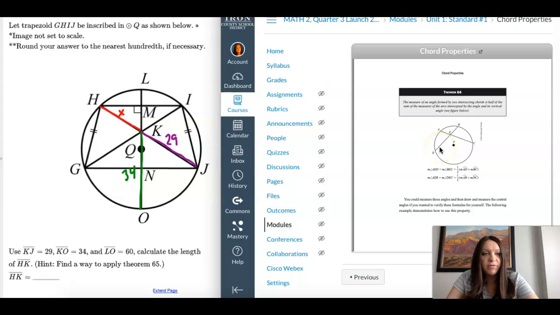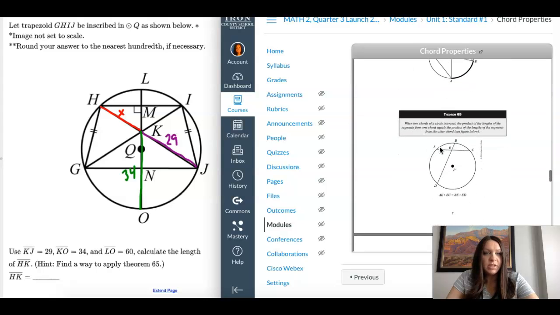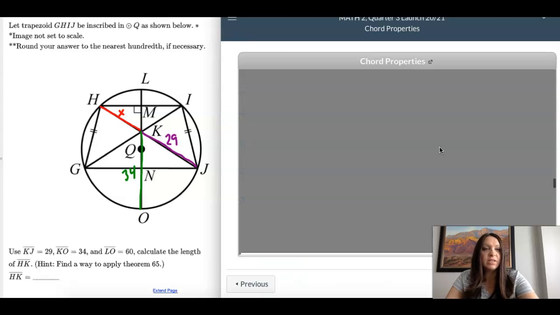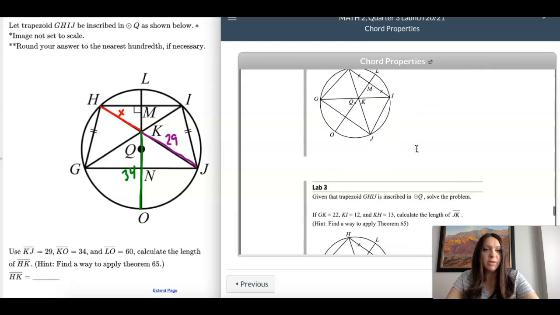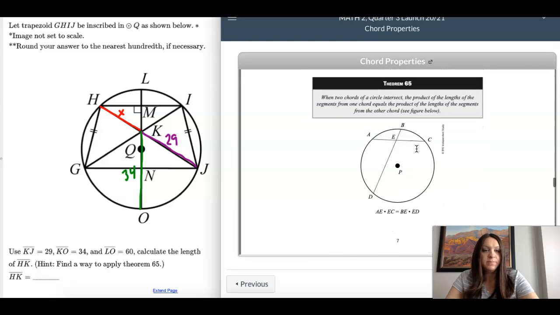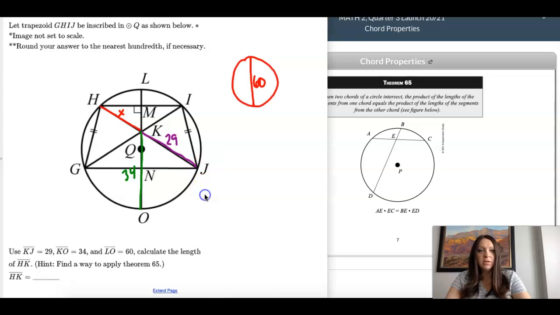So I'm in 1.4 and it tells me to use Theorem 65. So that's this one. When two chords of a circle intersect, the products equal each other.